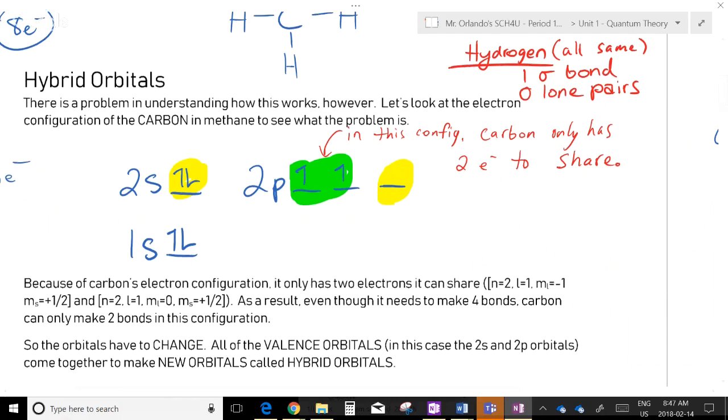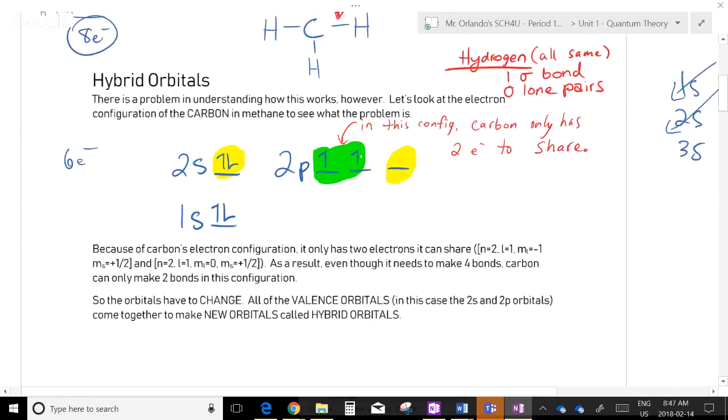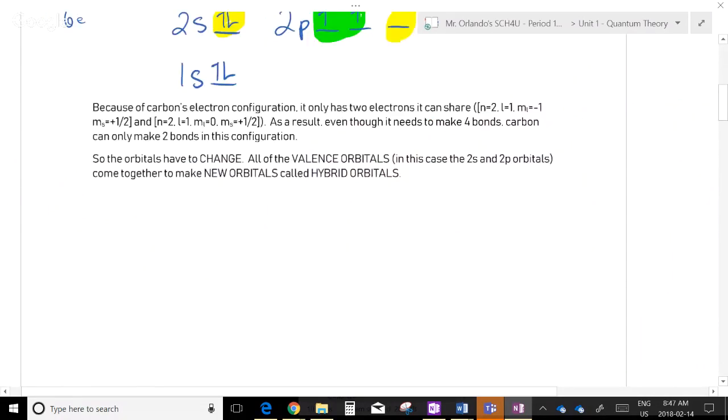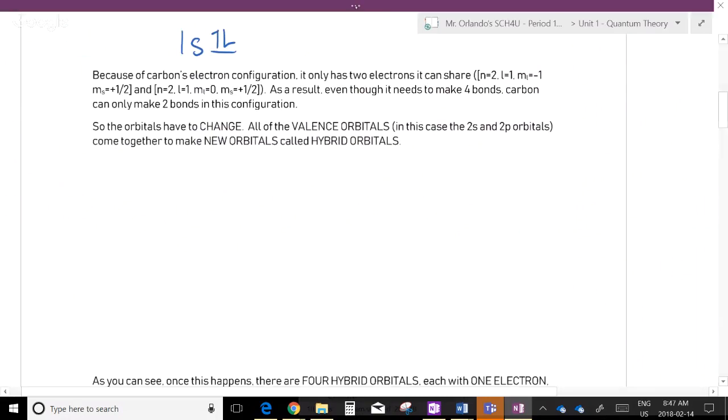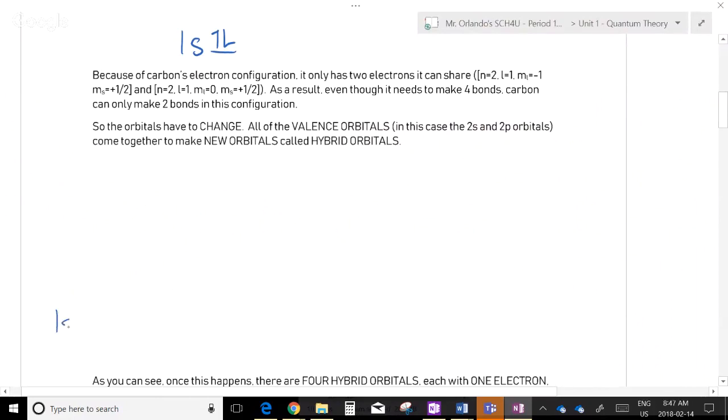And what we say is that what has to happen is the formation of a hybrid orbital. And so what we do is this. I want this to be blue. We start with that 1s orbital with 2 electrons, the 2s orbital with 2 electrons, and the 2p with just 1 in the first 2.